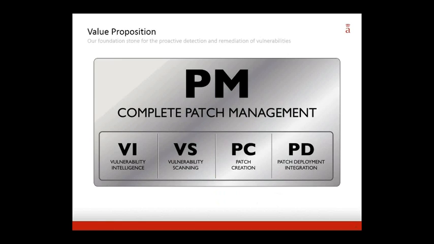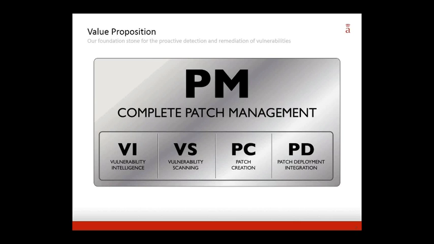So when we've looked at creating the CSI and supporting the vulnerability management process, we've narrowed it down into four pillars, four key components. And this is where we have coined the phrase complete patch management, because a lot of the time when we think about traditional patch management, it's just, here's some patches, you'll be able to put them into the deployment solution.